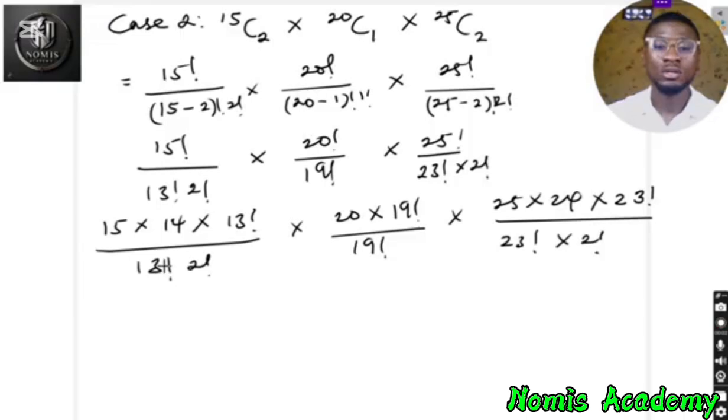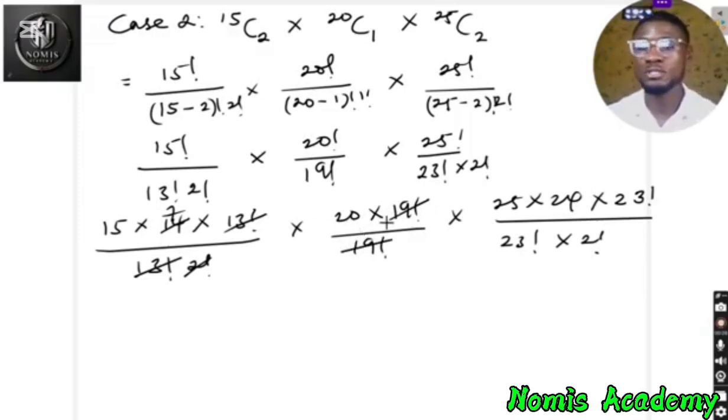So I can simply say 13 factorial cancels 13 factorial, and 2 factorial is just 2, 2 here 1, and then 2 here 7. So I'm left with 15 multiplied by 7 here. 19 factorial cancels 19 factorial, I'm left with 20. Then 23 factorial cancels 23 factorial. So 2 factorial is just 2, 2 here 1, and then 2 in 24 is 12. So I'm left with 15 times 7.